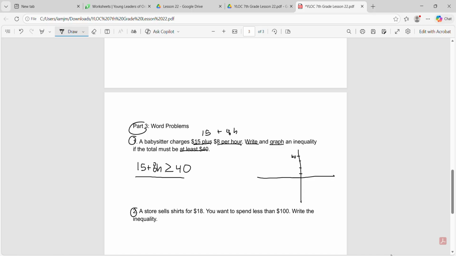Let's call this 40 and 8H. It's $8 an hour plus 15, so 10, 15. That's the starting value. It should go like that. It should keep on going forward. It should be greater than. I think that should be about right.